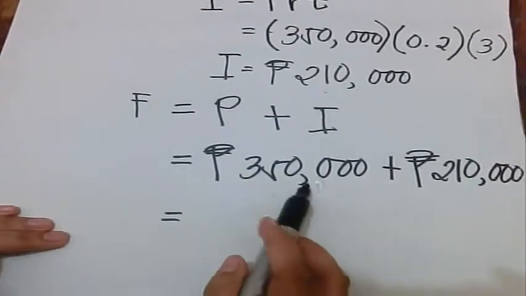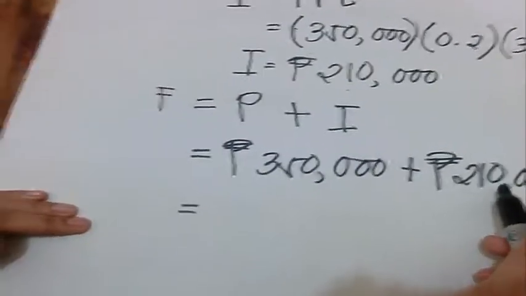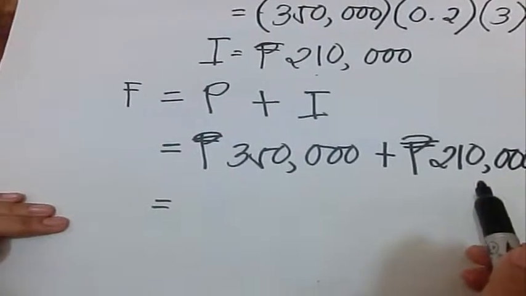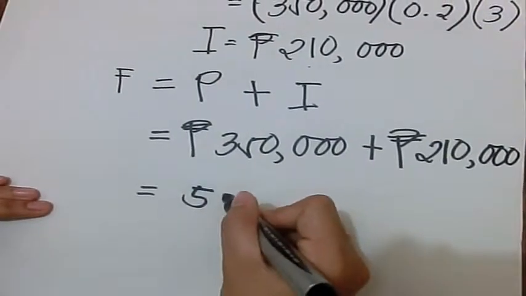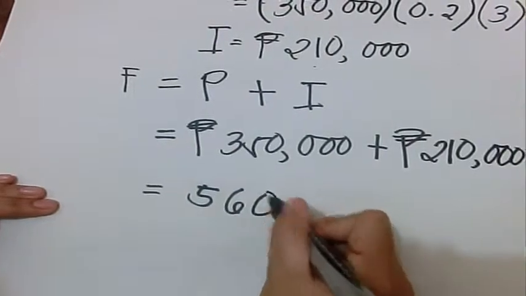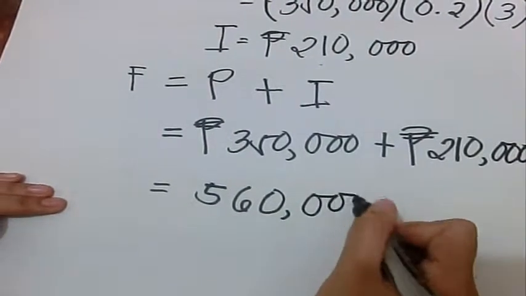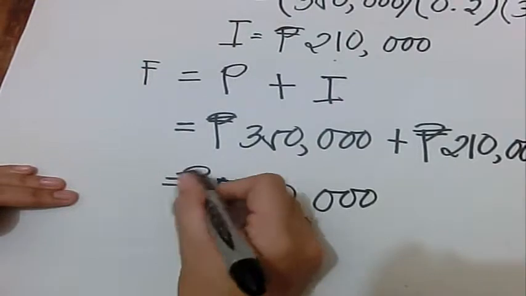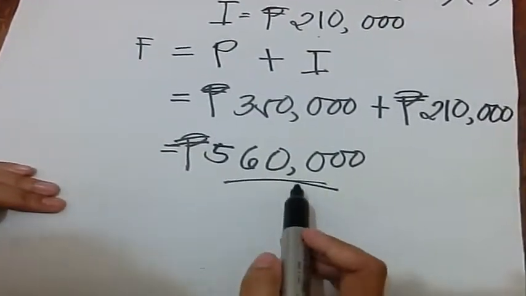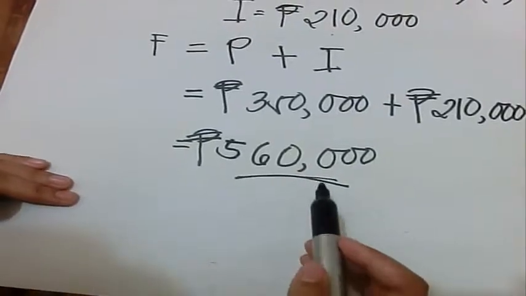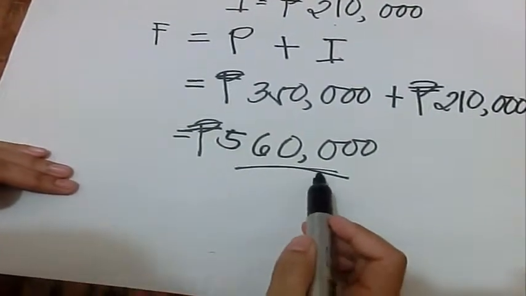So, 350,000 pesos plus 210,000 pesos is equal to 560,000 pesos. Okay, so this is now the amount that Cheryl will pay to Bank 2 after 3 years.